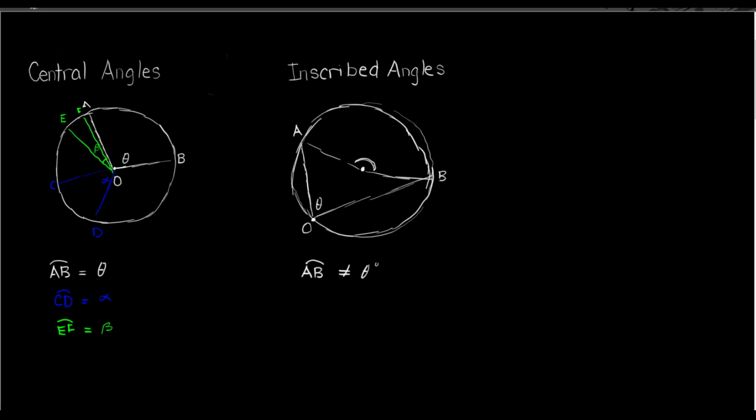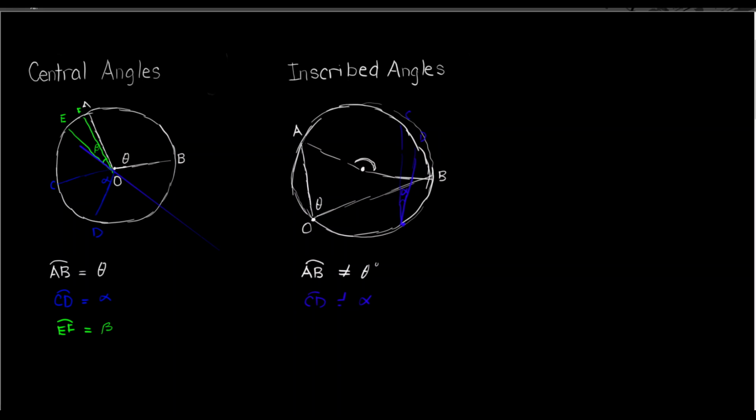And again, just like the central angles, the fact that the inscribed angle is not equal to the arc is true for any inscribed angle drawn in a circle. For example, if we drew another inscribed angle here, maybe CD and alpha again, the measure of arc CD is still not equal to alpha.